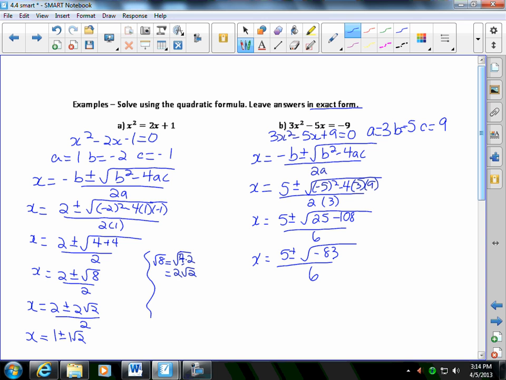Right there I know I don't have to go any further because I have a negative. So that is less than 0. My discriminant is less than 0, so this means there are no solutions, or roots, depending on what you want to say.